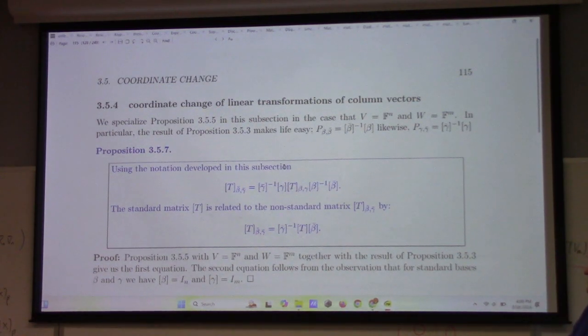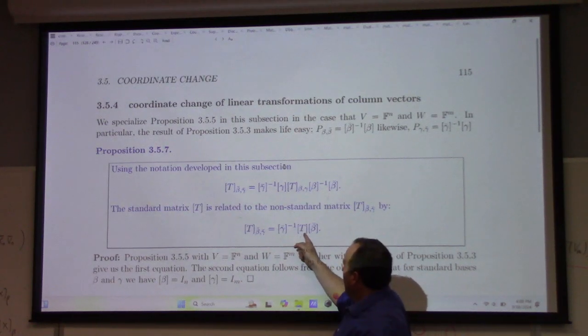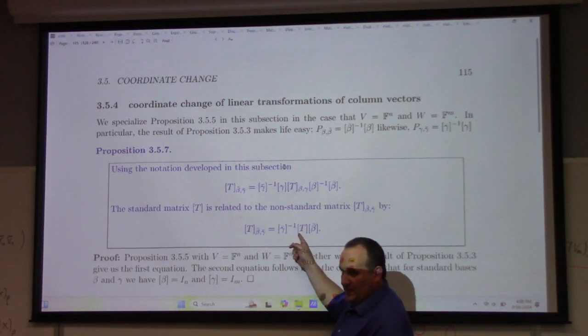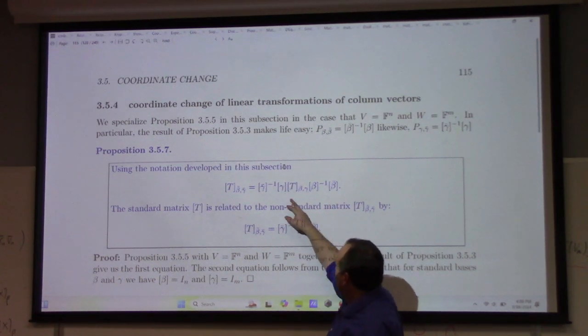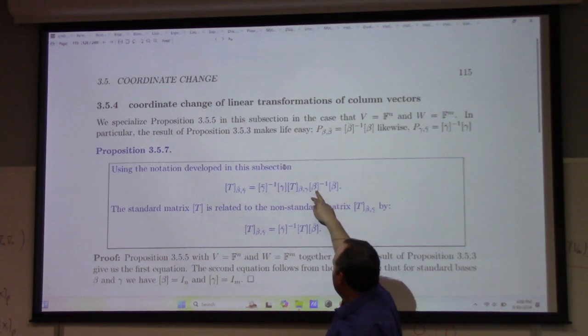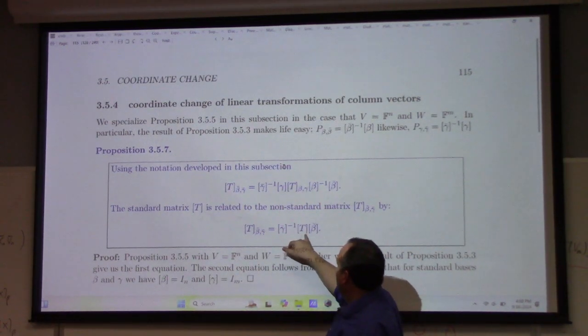This is most pretty in the context of converting the standard basis to a non-standard basis. The basis matrix for the standard basis is just the identity matrix, so that goes away, and it drops down to gamma bar inverse times the standard matrix times beta bar.